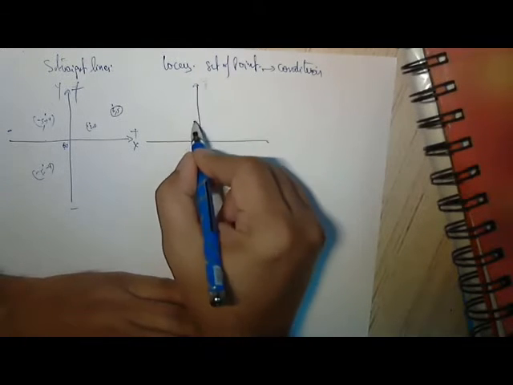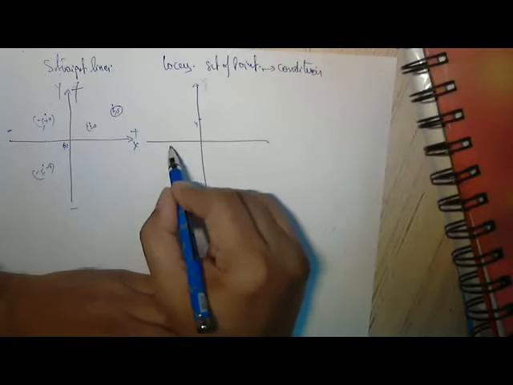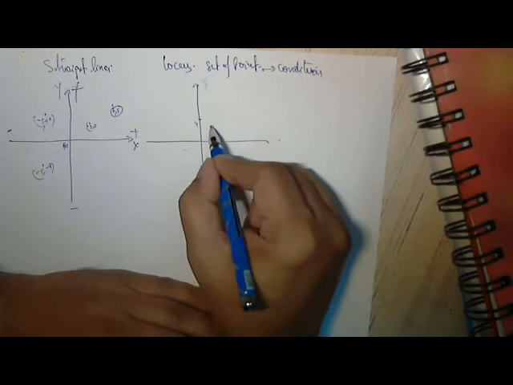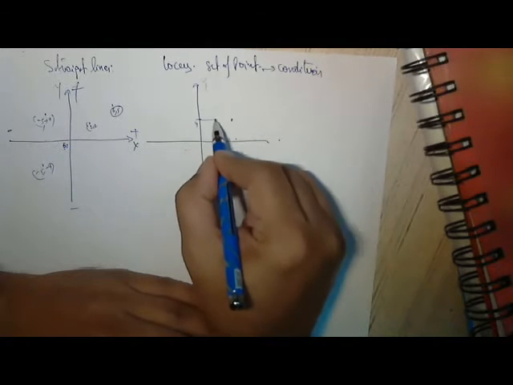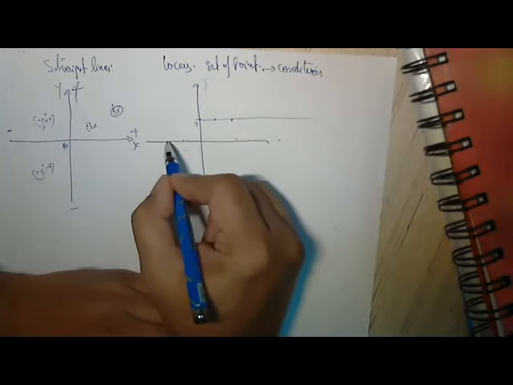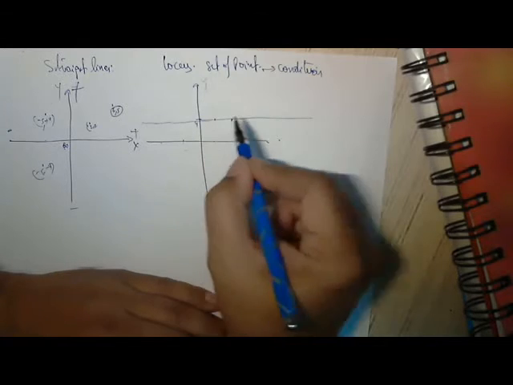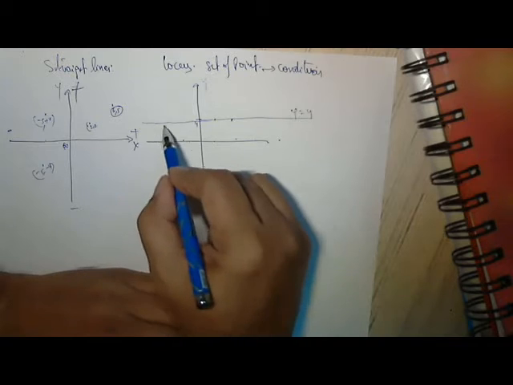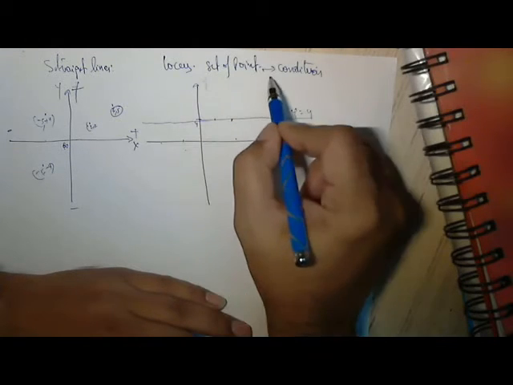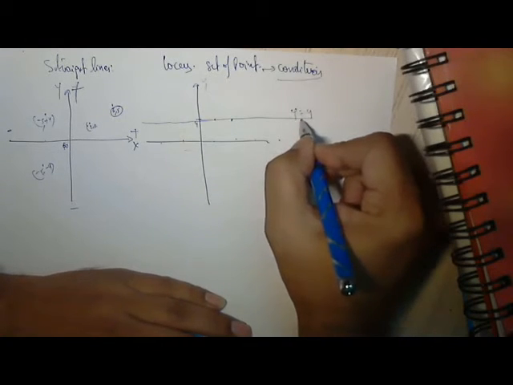This is the y-axis and suppose this is 4. So y is 4 irrespective of x. So (1, 4), (2, 4), x anything, y 4. (-1, 4), (-2, 4), anything. So this is y is 4. This line represents the locus of points where the condition is y is 4.